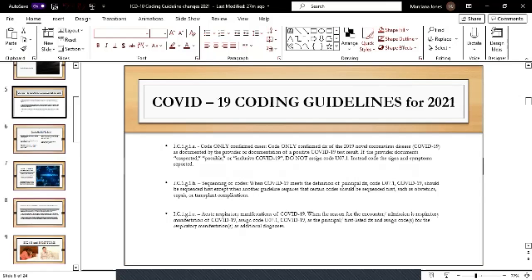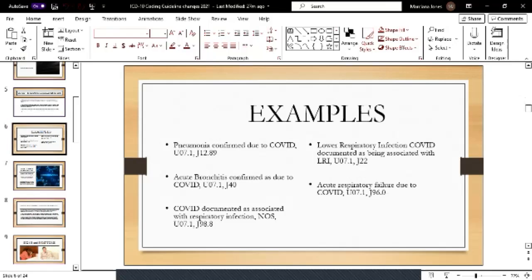Okay, so I'll go through some examples as well. Here we have pneumonia confirmed due to COVID, which is going to be U07.1. And then you're going to code the pneumonia code, which is J12.89. Acute bronchitis confirmed as due to COVID. You're going to code the COVID code first, and then you're going to code the bronchitis.